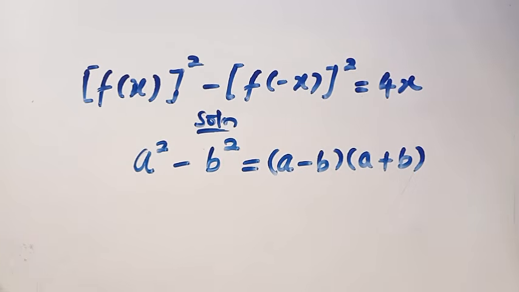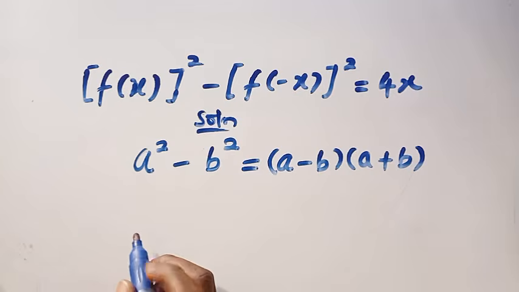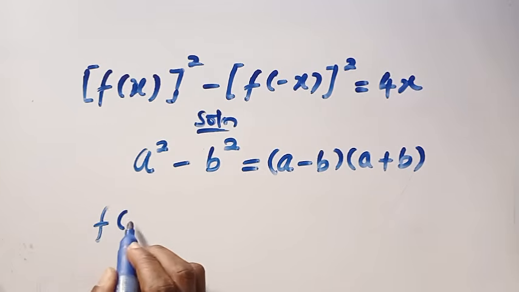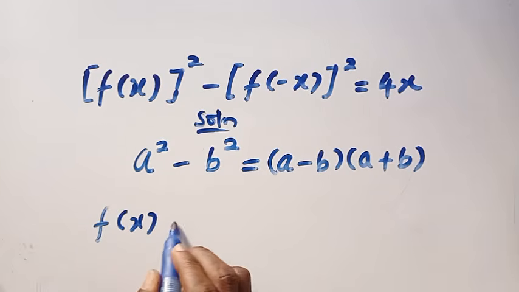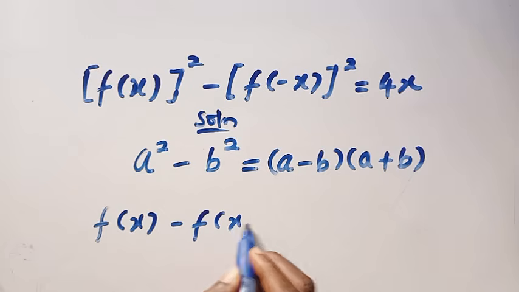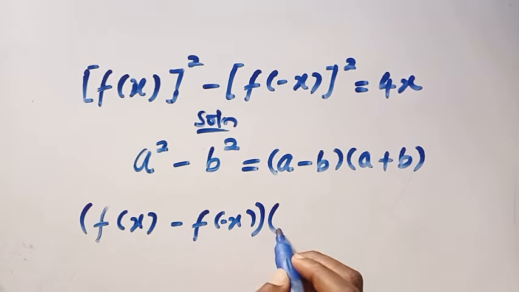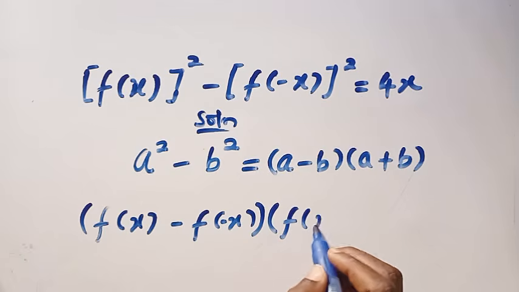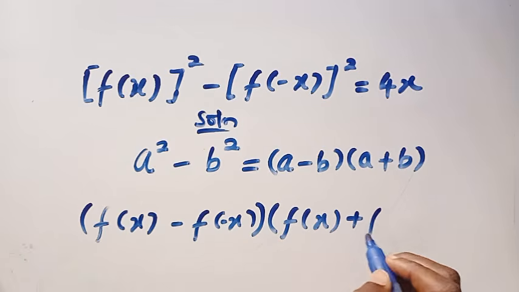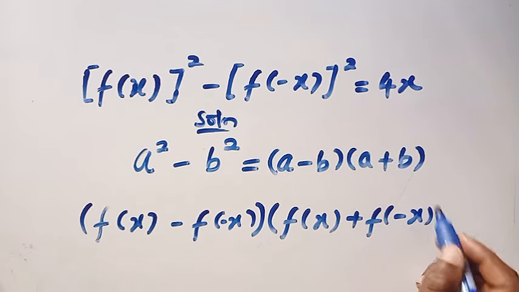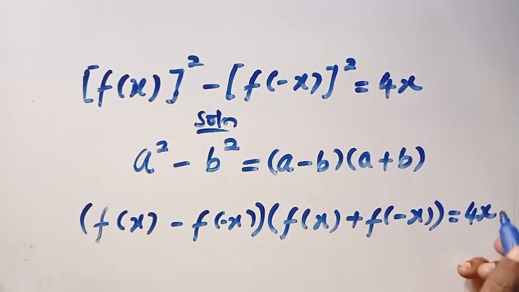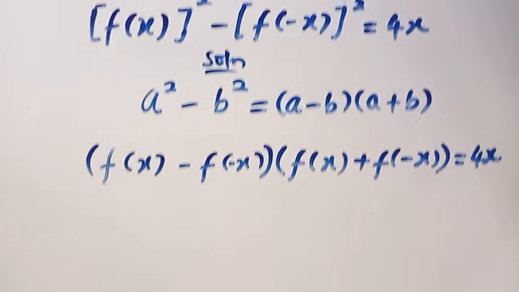This is the difference of two squares. Applying it to these expressions, we have (f(x) minus f(-x)) multiplied by (f(x) plus f(-x)) equals 4x. So this is what we have.